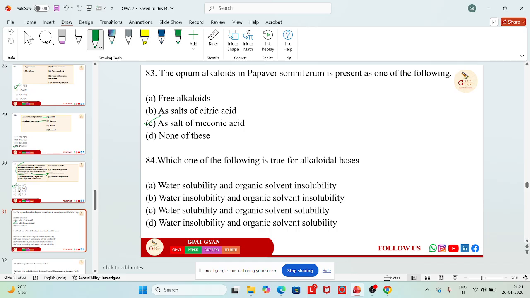And true for alkaloidal bases. It is also very easy. Yes, water insolubility and organic solvent solubility. This will be the correct answer.